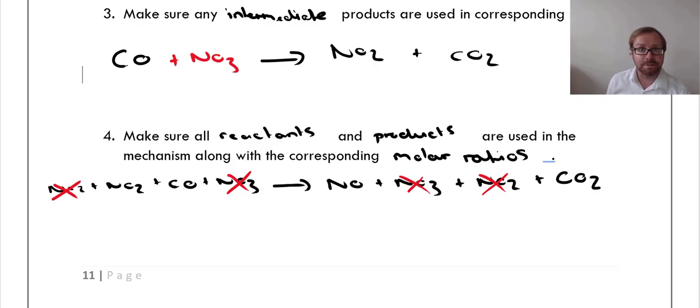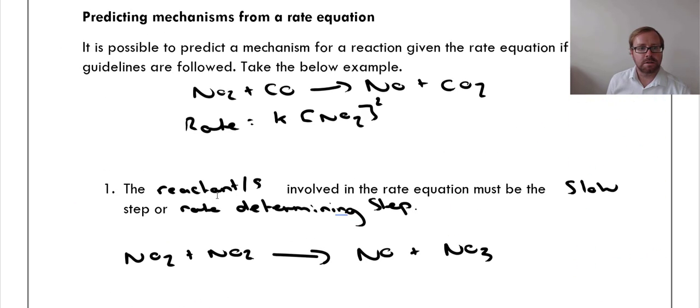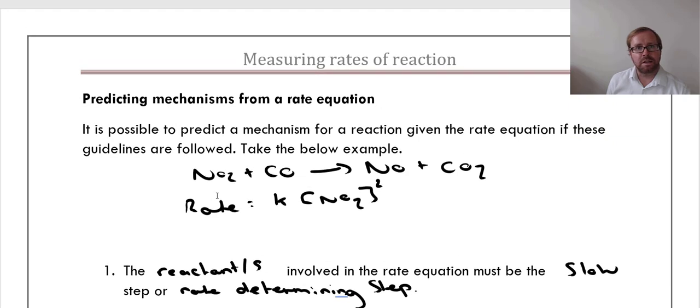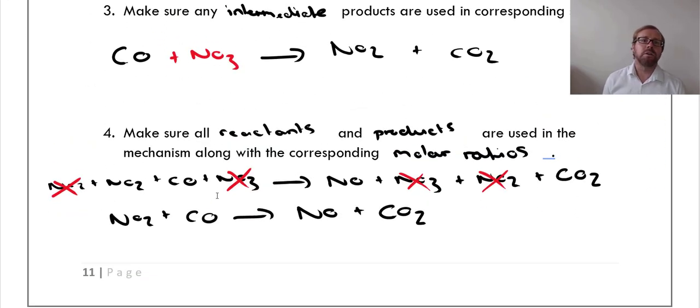This is an intermediate, so I do need to get rid of this from one of my steps. Is that it? I believe it is. So now I should be able to write the overall equation as NO2 plus CO forms NO plus CO2. Is it the same as my overall equation? Luckily it is. Okay, so that's how you might be able to do a reaction mechanism.